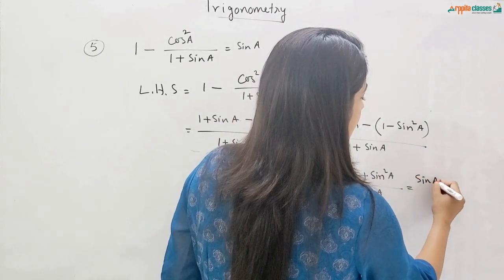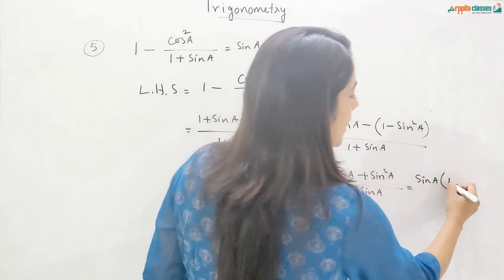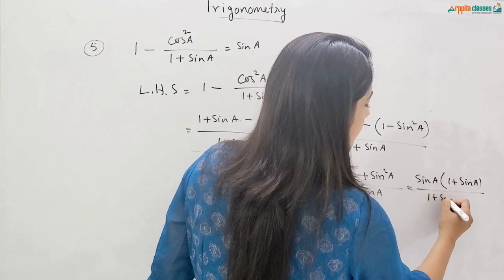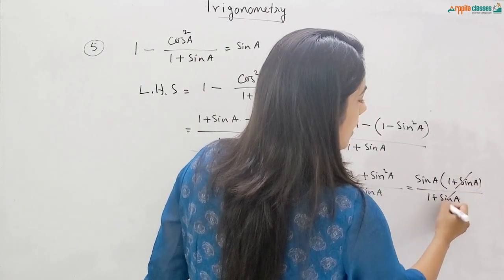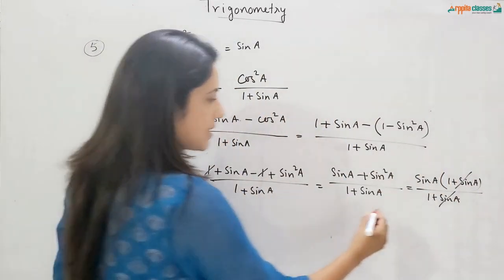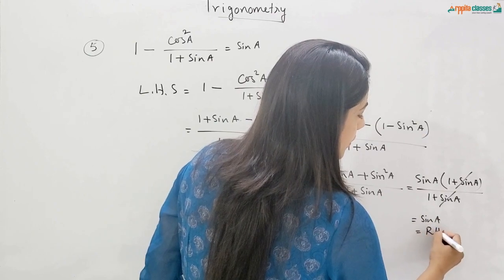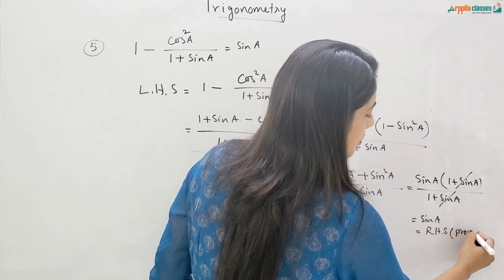So if I take sin A common, inside the bracket I get 1 plus sin A. Down I have 1 plus sin A. So this 1 plus sin A, 1 plus sin A will get cancelled and we get sin A, which is equal to the right hand side. Proved.